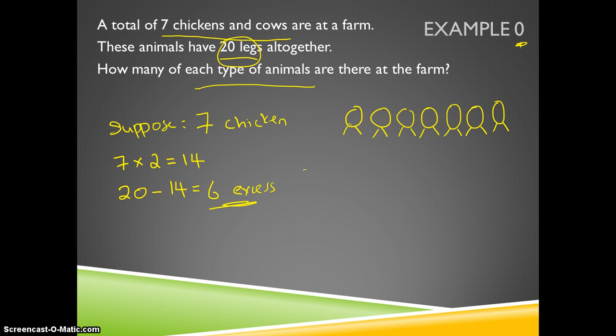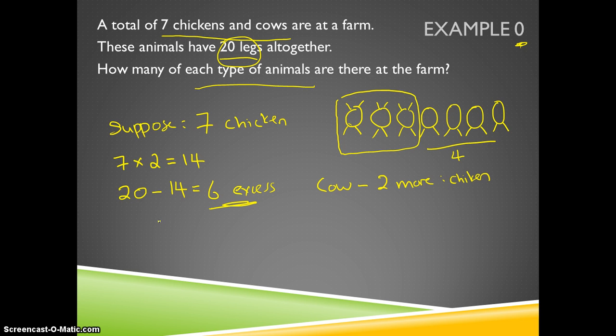I want you to look carefully now. That means each extra leg has to belong to cows, because each cow has 2 more legs than a chicken. Correct? 2 more than a chicken. Because a cow has 4 legs, a chicken has 2 legs. So if I put these 6 legs here, 1, 2, 3, 4, 5, 6, that would mean I actually have 3 cows and 4 chickens.